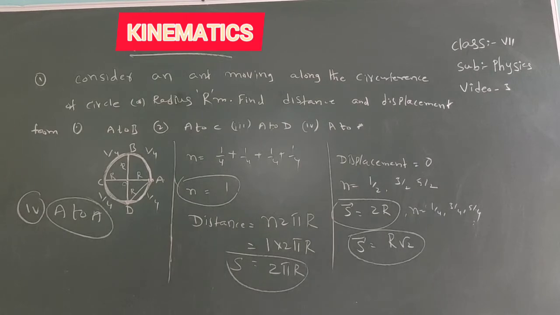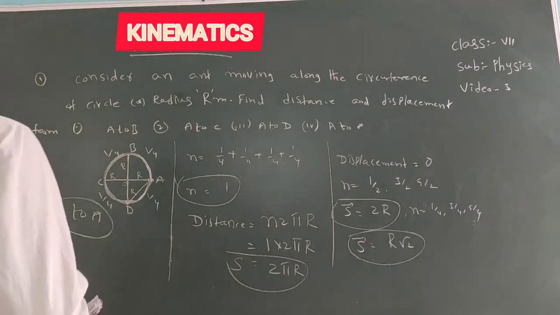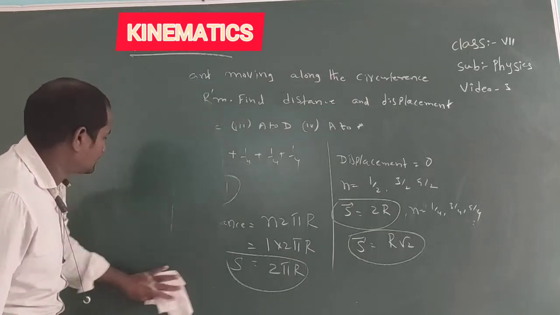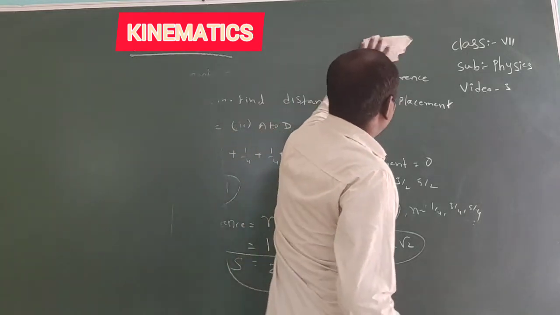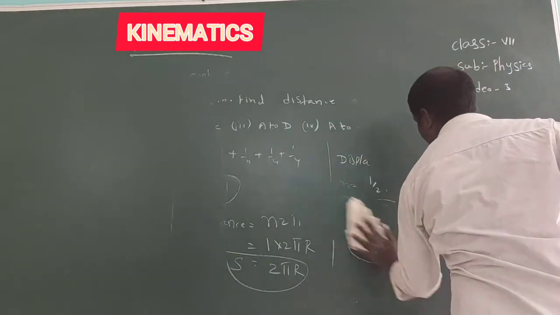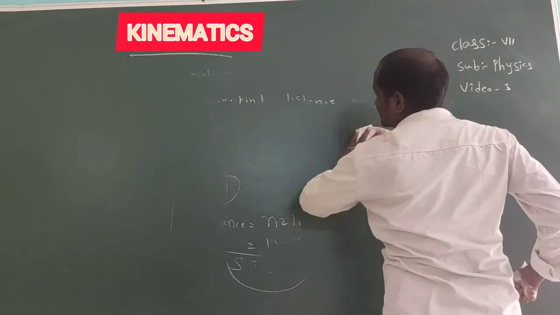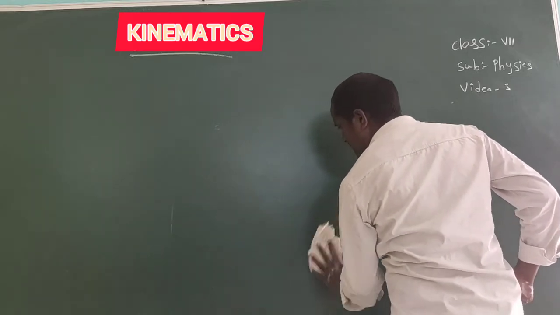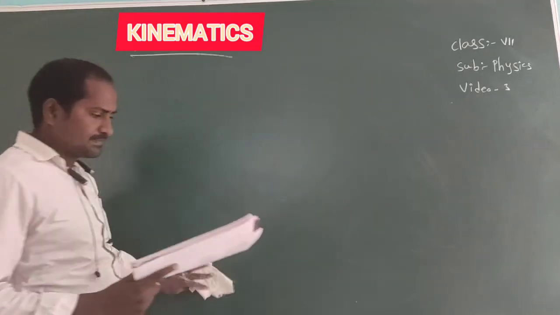Now I will explain the problem. Semicircle means half circle.